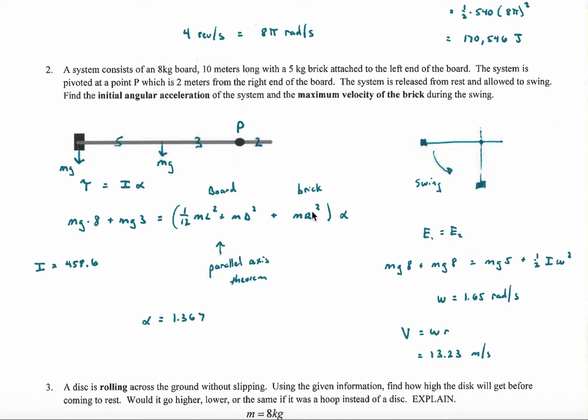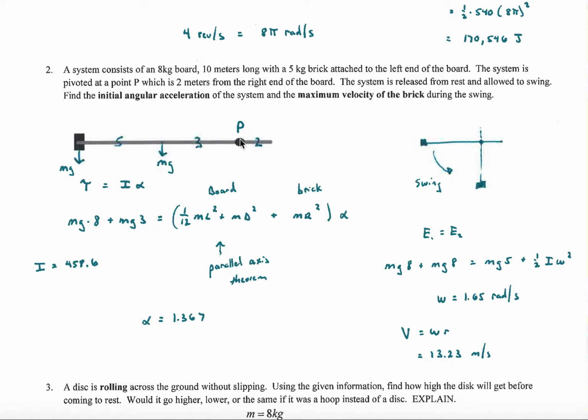The moment of inertia, well, there's really 2 pieces. Number 1, it's the sum of everything. So it's the board plus the brick. Now the board isn't pivoted in the center, it's pivoted off center. So we have to use the parallel axis theorem. So the parallel axis theorem says that the new moment of inertia is the center of mass moment of inertia, 1/12 ml squared, plus md squared, where d in this case is 3.